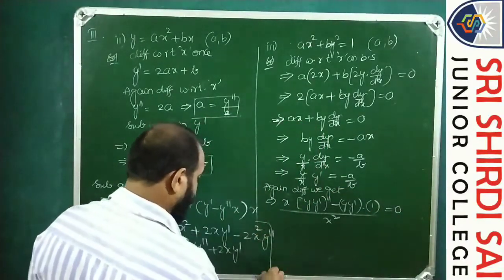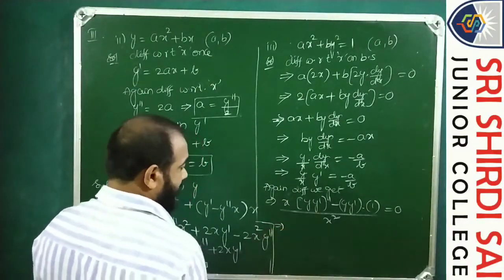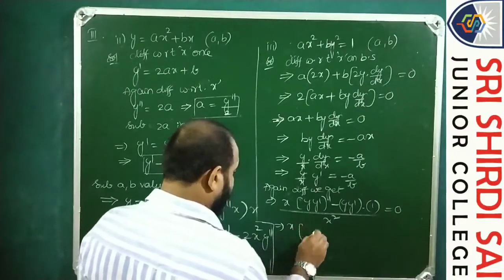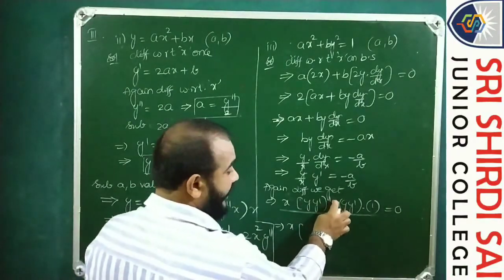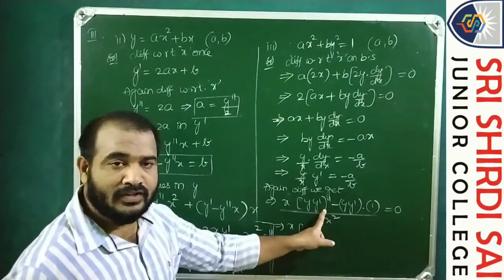Now this is equal to x, again uv whole dash is uv dash plus vu dash.